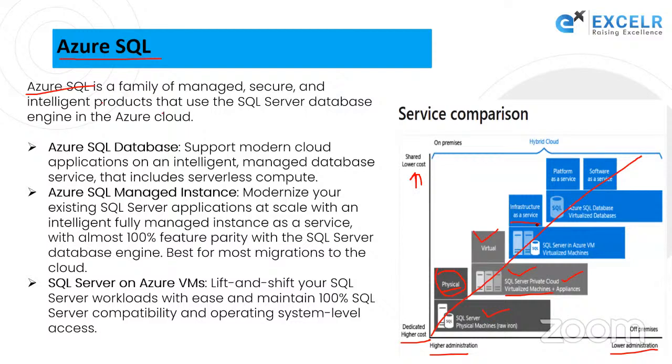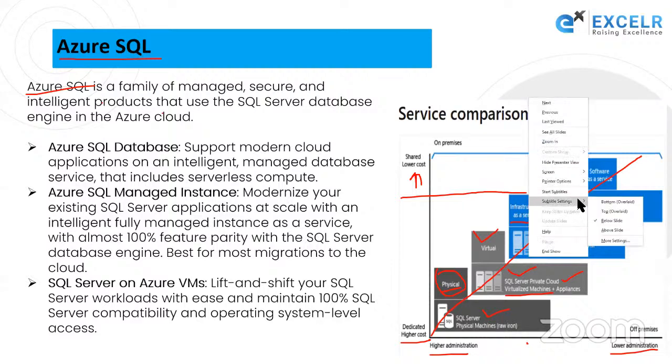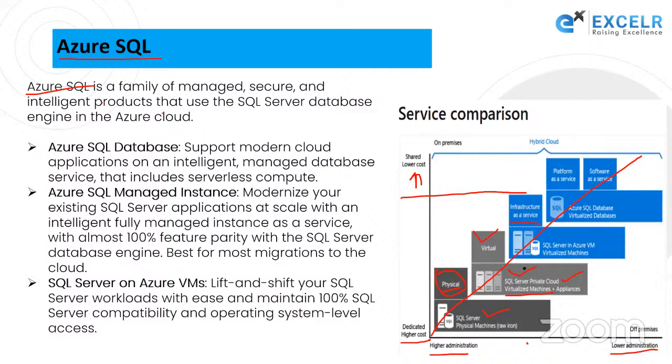In this case, some of your effort is reduced, but you still have some amount of effort to put in. That's the reason the cost is getting lower, because you are using an OPEX model rather than a CAPEX model, and your efforts are also reducing. Let me take another color so that I can distinguish it. Once I am here, my administration is also getting reduced at this point.